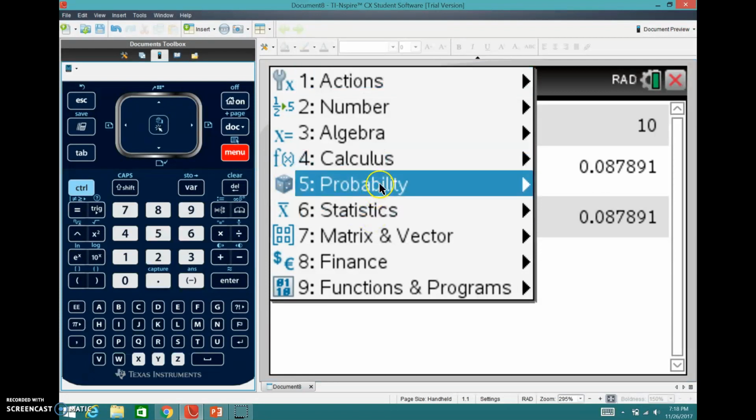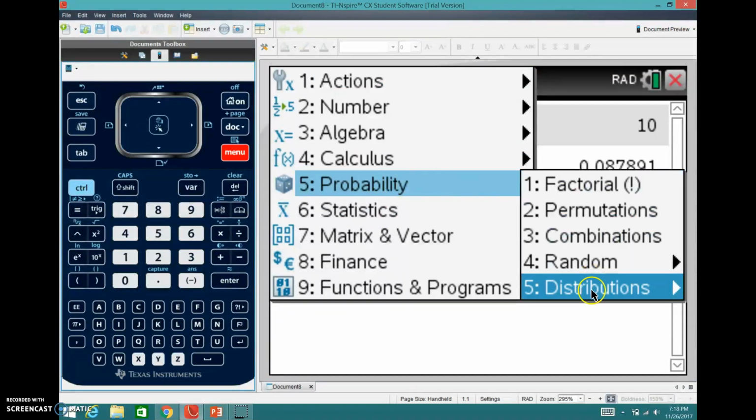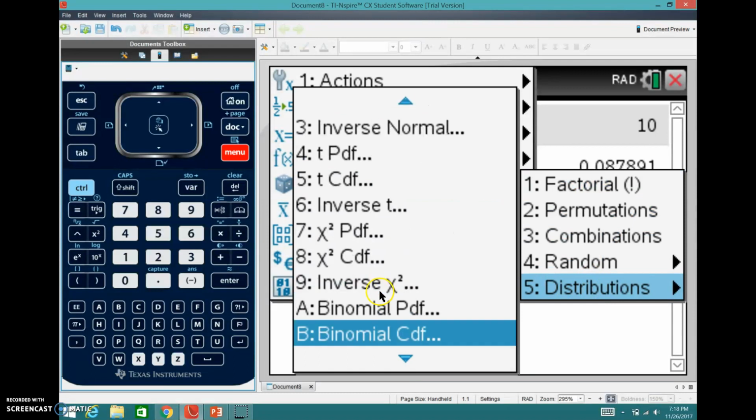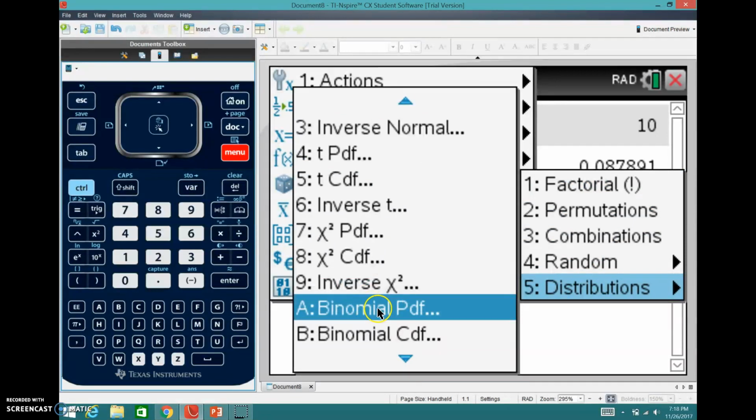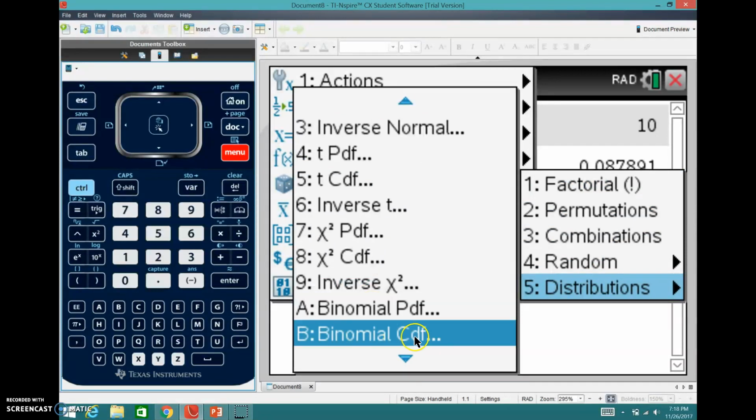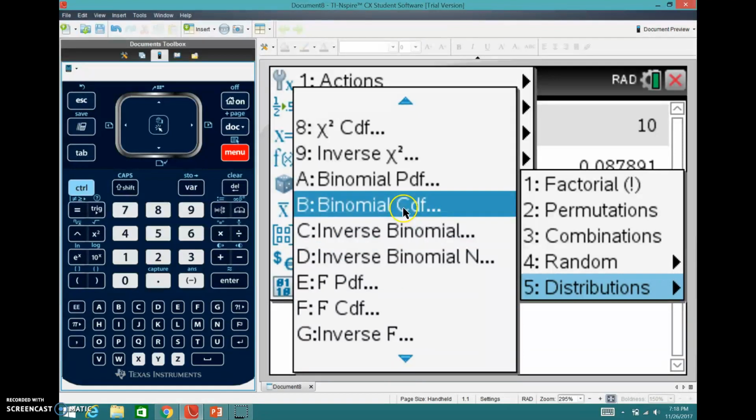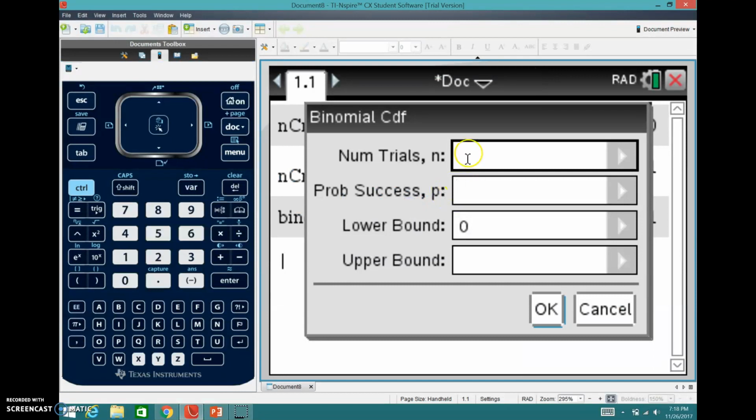So we go to Menu, Probability, Distributions, but now instead of binomial PDF, scroll down to binomial CDF, because that's a cumulative distribution function. Again, the number of trials was 5. The probability of success was 0.25 for getting type O blood.